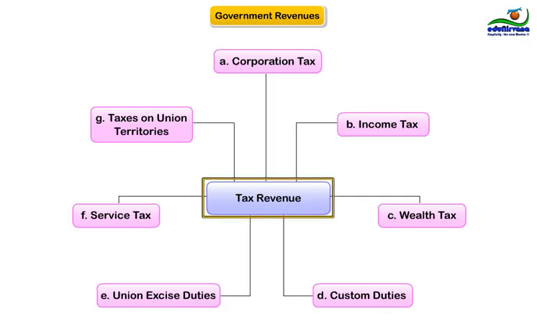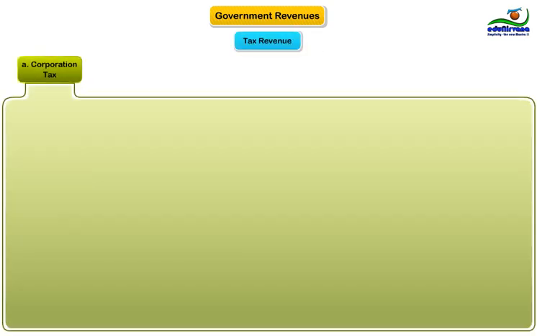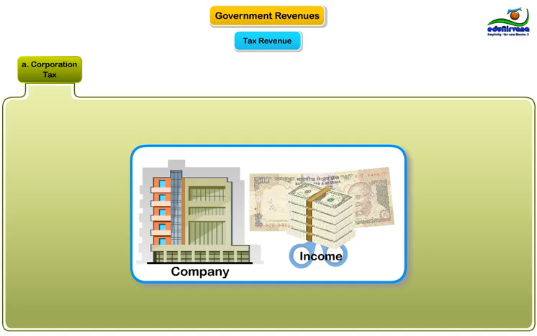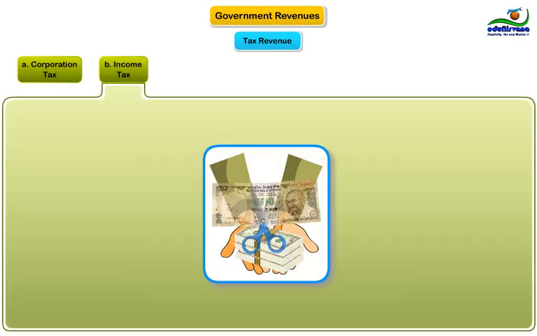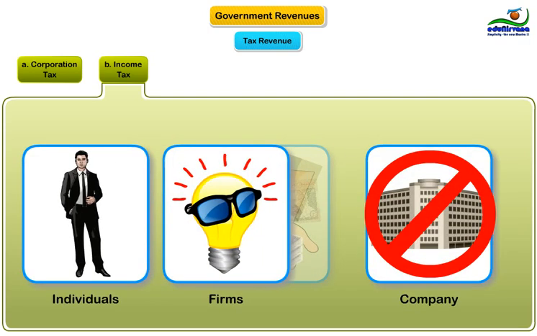Tax revenue is equal to A plus B plus C plus D plus E plus F plus G. A. Corporation tax, levied on income of companies. B. Income tax. This is a tax on the income of individuals, firms, etc. other than companies.